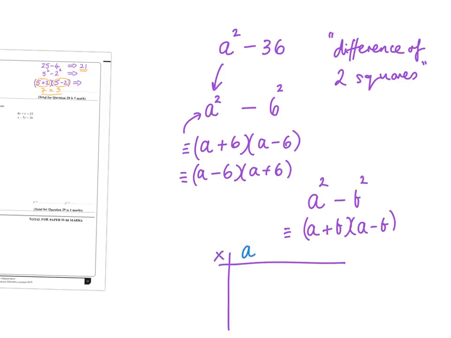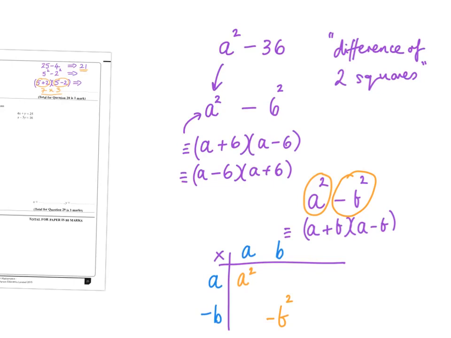Well, if you had a plus b times a minus b and you multiplied them out, you would have a squared, which is what you've got here. For this one, you would be multiplying b times negative b, so you would get negative b squared, which is what you've got here.